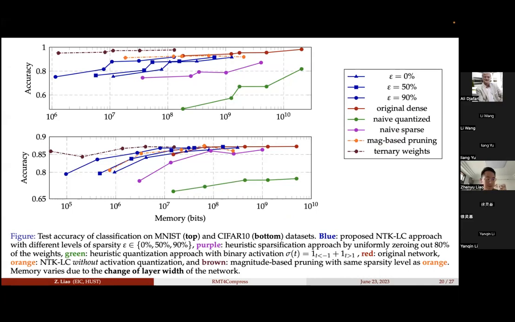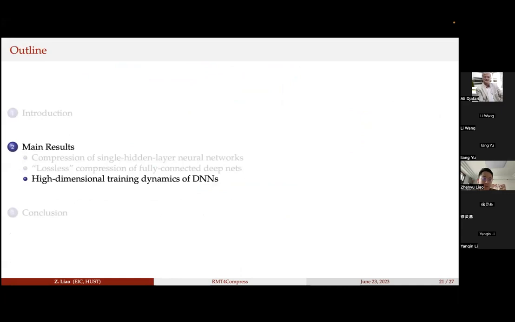And that's the second point I would like to mention, and I'll try to finish by mentioning a few words on our third result, characterizing the learning dynamics of deep neural nets.